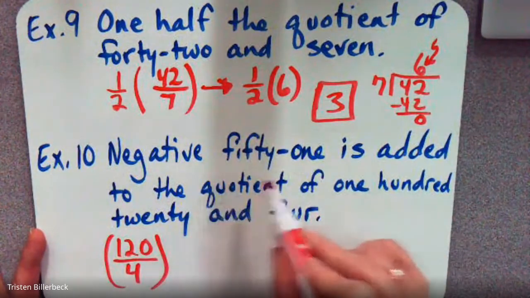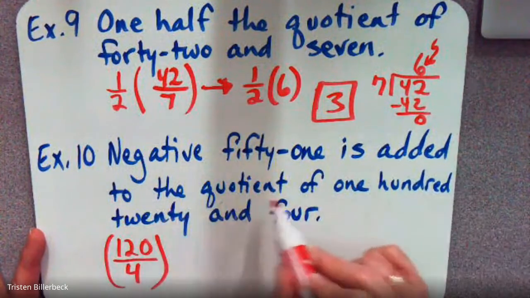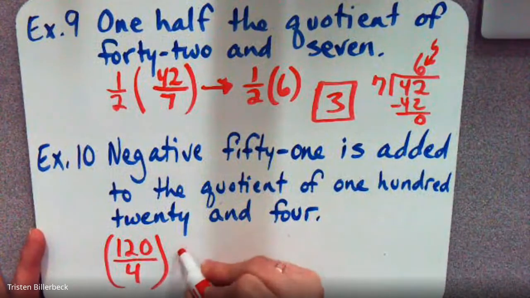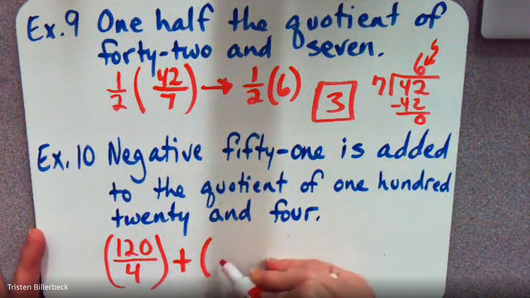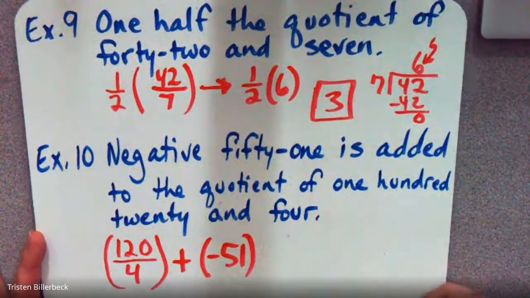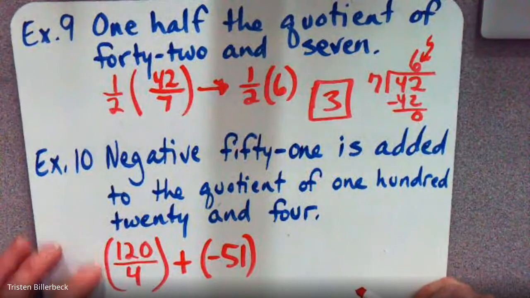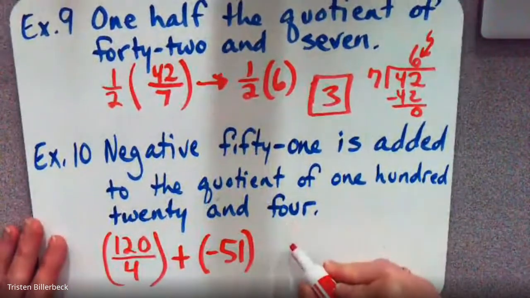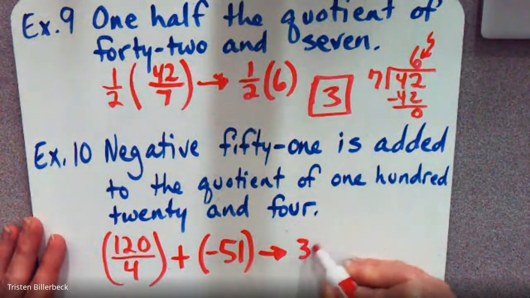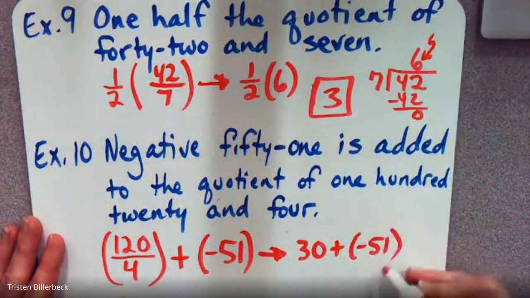And it says negative 51 is added to the quotient of 120 and 4. So we're adding something, but it's a negative number. Okay, so the quotient of 120 and 4 happens to be 30. So we have 30 plus negative 51.